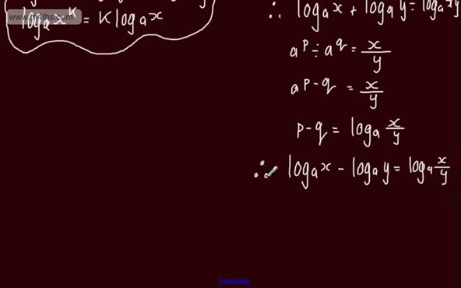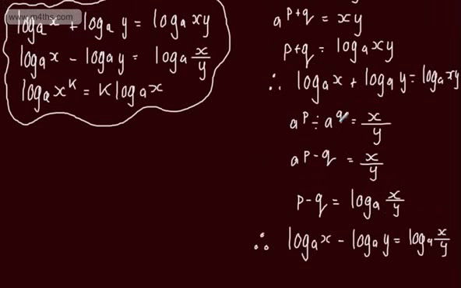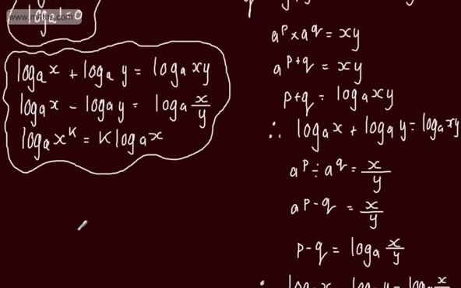So these now are rules for addition and subtraction of logs. If we add logs when the base is the same, we end up with a product. Now you might want to just write this: log a plus log b is equal to log ab.